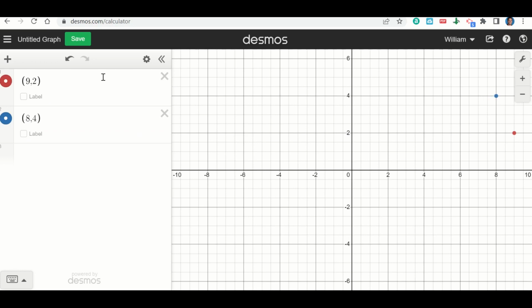So I can plot as many points as I need by using this format of parentheses, then the x coordinate, y coordinate, and then closing the parentheses. And I can graph any points that I want. So (-2, -5) puts the point right there. So I can graph as many of these points as I need to, and Desmos will do it for me. So that's how you can let Desmos check your work for you.